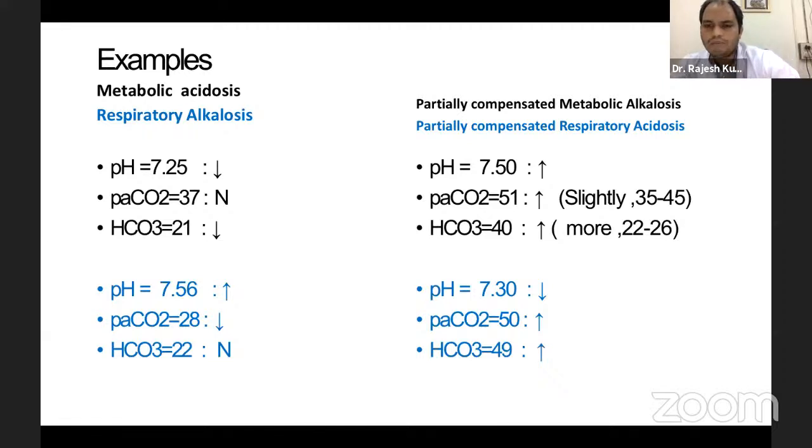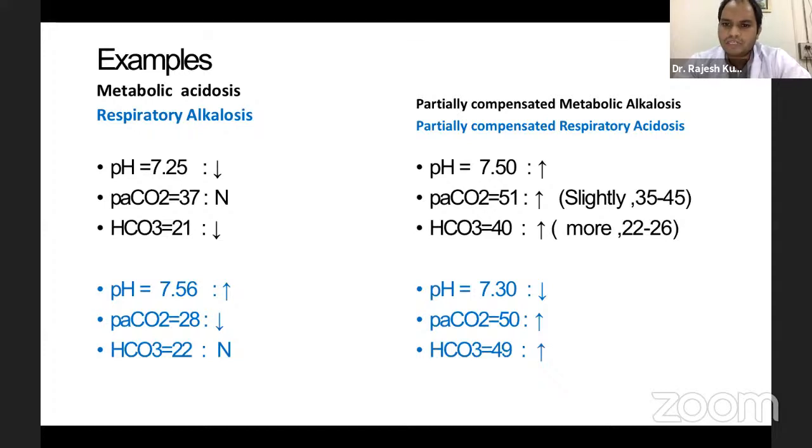Now the compensation starts, and this picture shows partially compensated metabolic alkalosis. pH is 7.5, increasing, means alkalosis. PCO2 is 51, increasing. Bicarb is 40, increasing. Both are in the same direction, so it is partially compensated metabolic alkalosis.